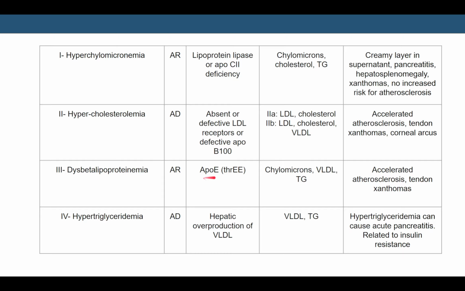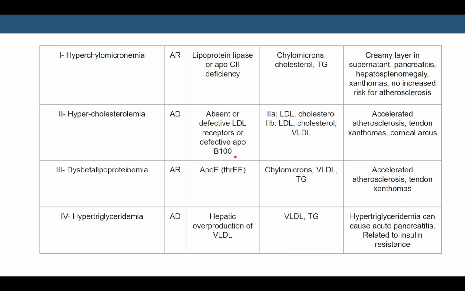The third one is ApoE, and you have to know that this is the third type, so it's 3. So the defective molecule here is going to be ApoE. So you have to know that E is associated with 3, and this is beta lipoproteinemia. And the fourth one is hypertriglyceridemia. This is hepatic overproduction of VLDL. So LPL, LDL, E, and VLDL. And you also have to know that ApoC2 for type 1 and defective B100 for type 2.